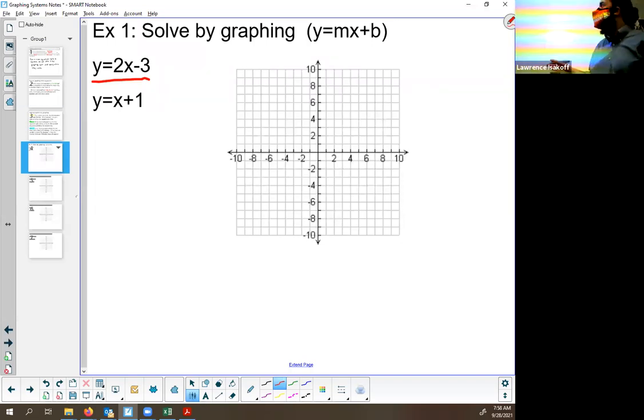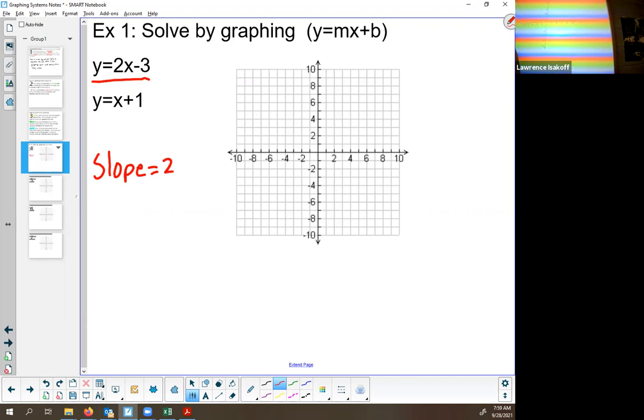So if I'm graphing this, I'm looking at the first equation. What's the slope of my first equation? 2. Slope's always the number in front of x. So my slope here equals 2. I always like slopes as fractions.